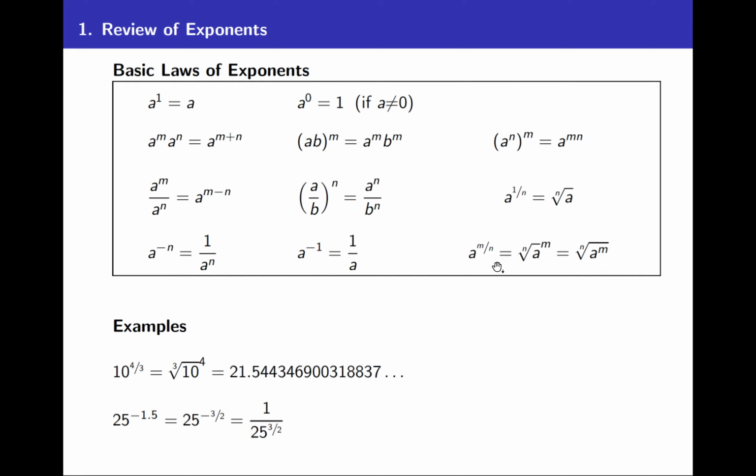And now we can use this property, 25 to the power of 3/2 is the square root of 25 cubed. And the square root of 25 is 5. So we get 1 over 5 cubed, and that's 1 over 125. So be on the lookout for how many expressions can be simply evaluated just by using these properties.